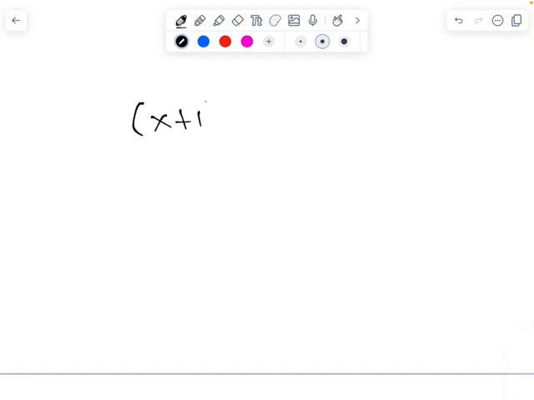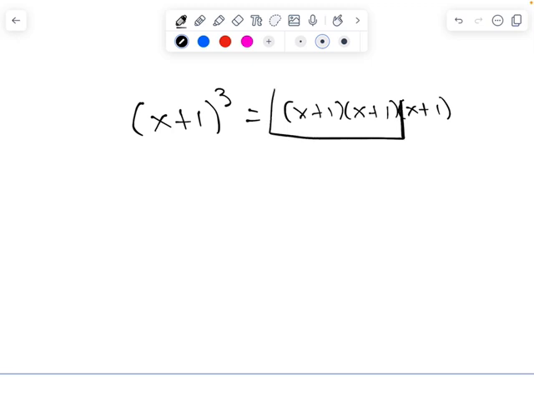x plus 1 cubed is x plus 1 times x plus 1 times x plus 1. Now, we can't multiply these all at the same time. We're going to simplify this part, and then we'll go forward. If you remember from earlier in the video, if we multiply those first two, that's going to give us x squared plus 2x plus 1.